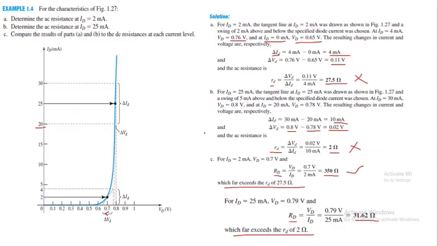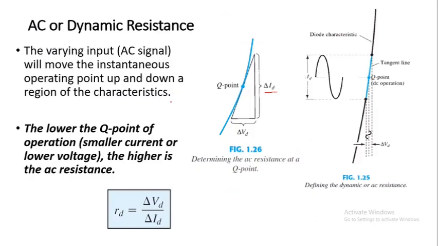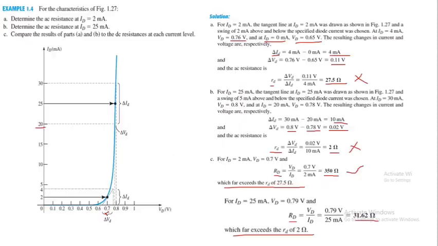Now here we have computed AC or dynamic resistance with the graphical method, where we need to have a characteristic curve, and we need to find the corresponding values of currents and voltages against the swing of the input signal.